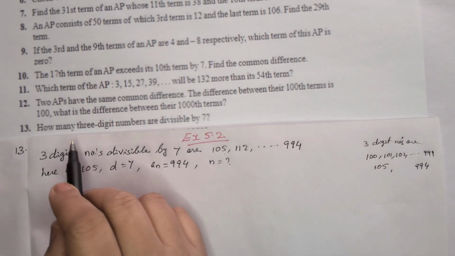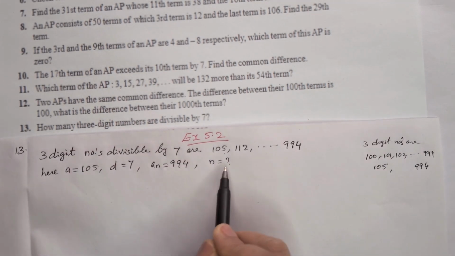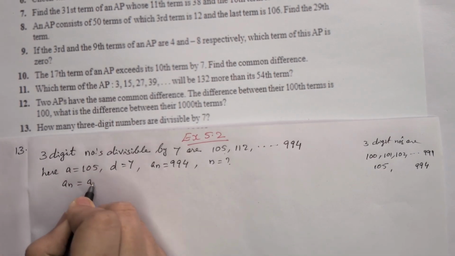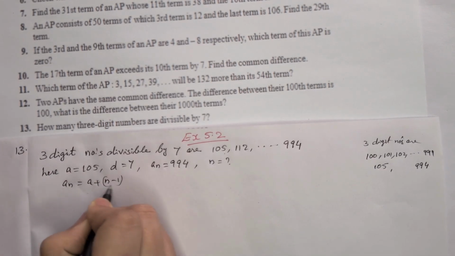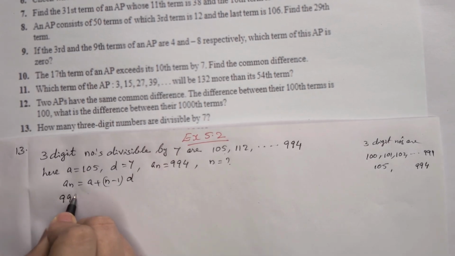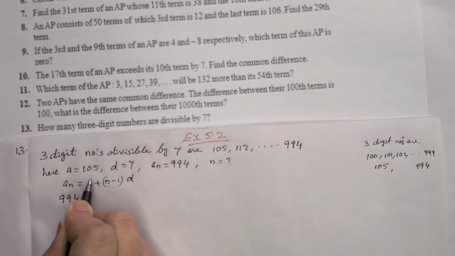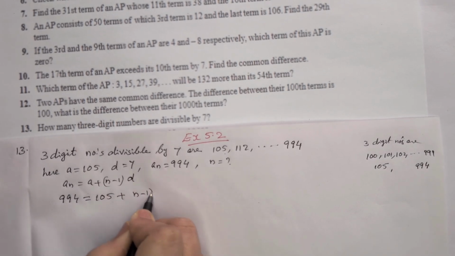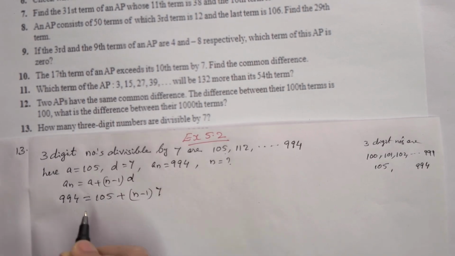Then here, how many 3-digit numbers, that is n, we have to calculate. We know that an is equal to a plus n minus 1 into d. Here an means 994 is equal to a, which is 105, plus n minus 1 into d, which is 7.